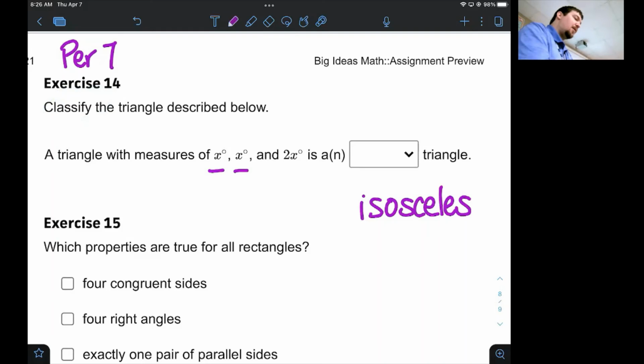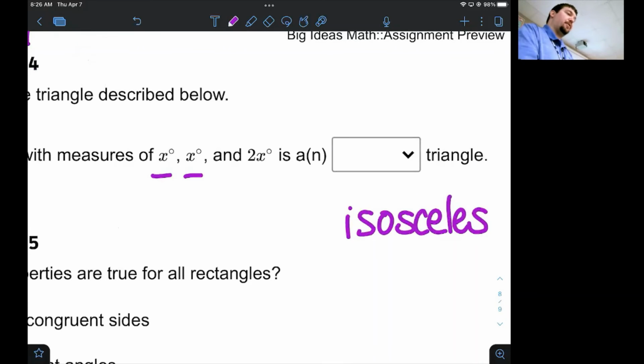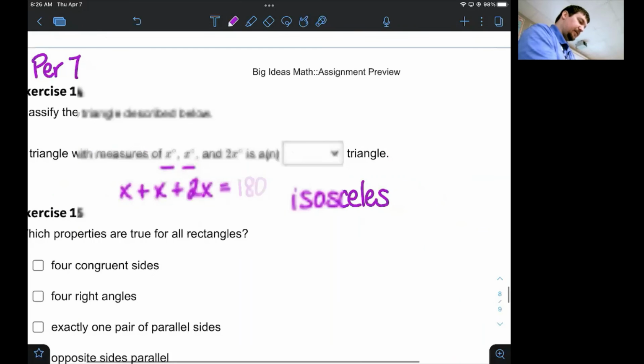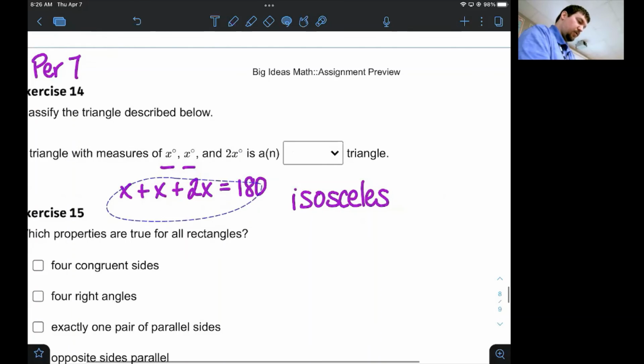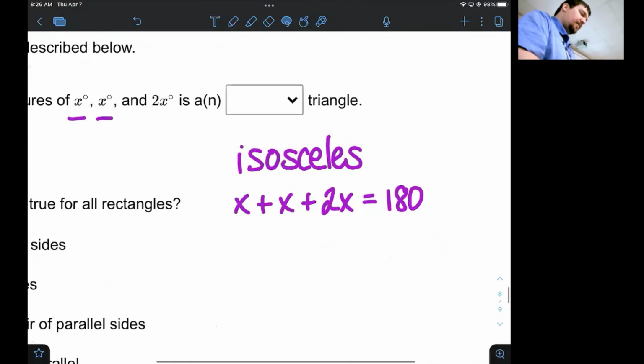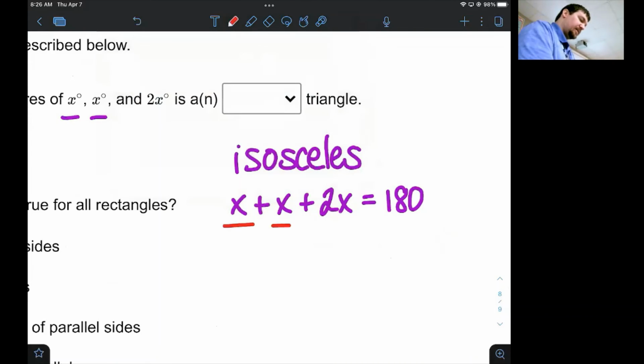To find out what kind of angle measures it has, we know that if you add the three angles of a triangle together, it'll always equal what? 180. And so I can write that down, and you should too. And maybe I need to go off to the side because I don't think I'm going to have that room. Okay. What do you get when you combine a 1x and a 2x together?